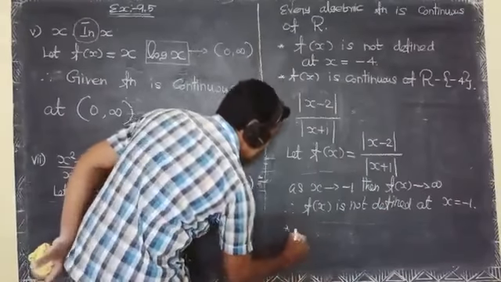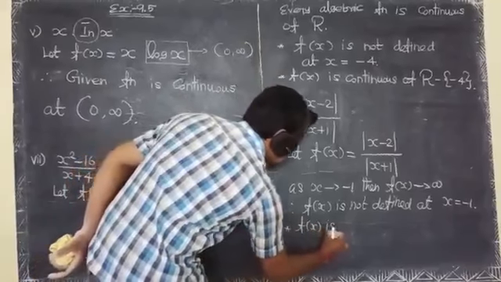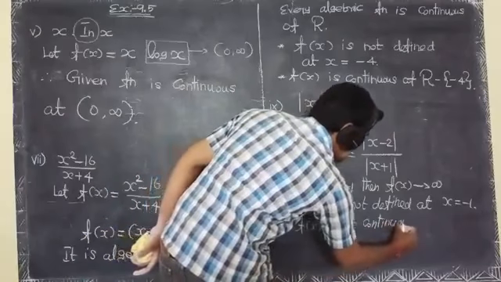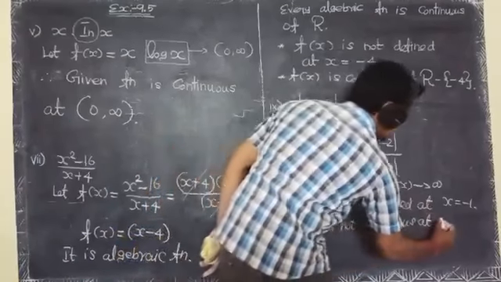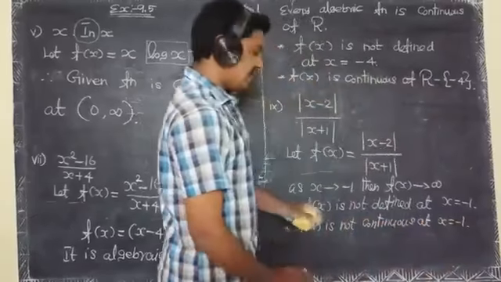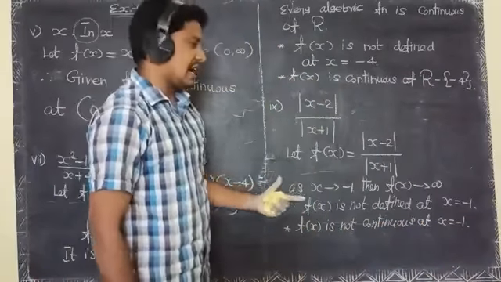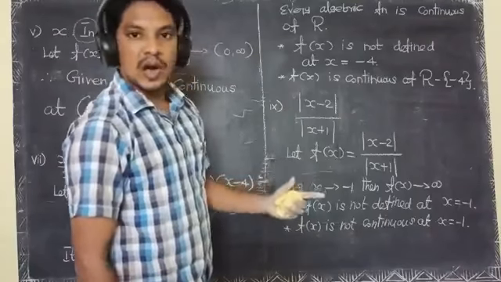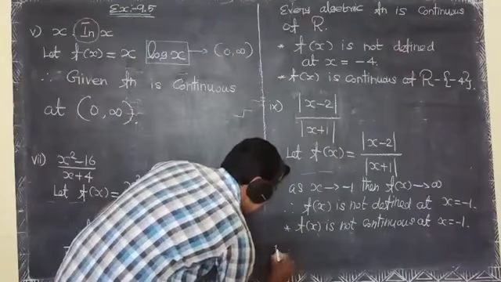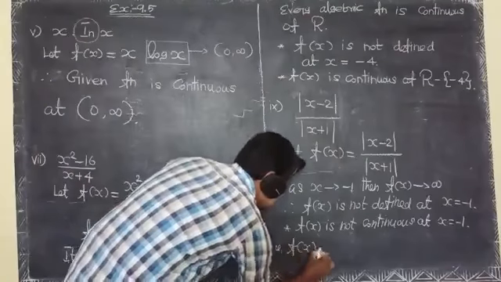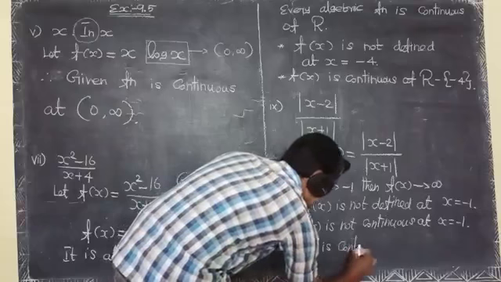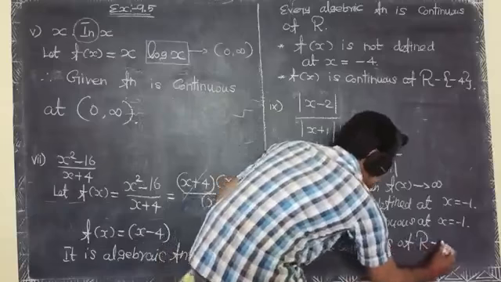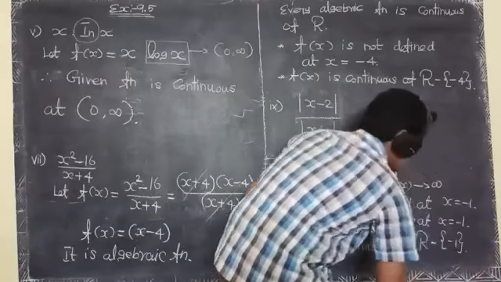In other words, f of x is not continuous at x equal to minus 1. We can say in another format, f of x is continuous on capital R except minus 1.